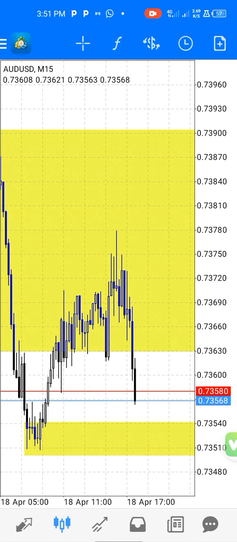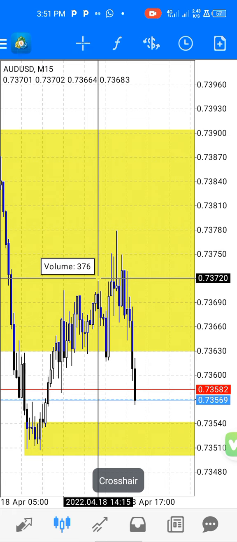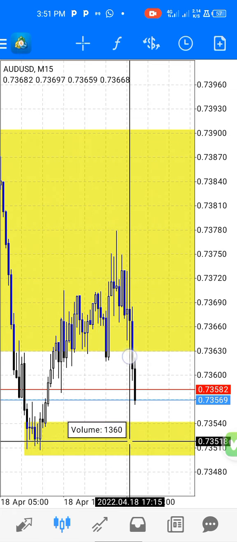I might be busy, I might not be with my phone. So what do I do? Since I want to go bullish, but presently price is bearish, I'm using buy limit. So I just use my crosshair cursor. This is the crosshair cursor over here. I tap on it, and then just imagine I read somewhere here.